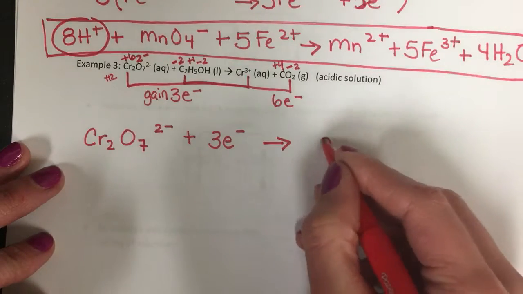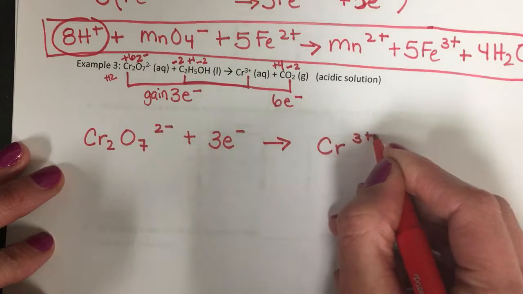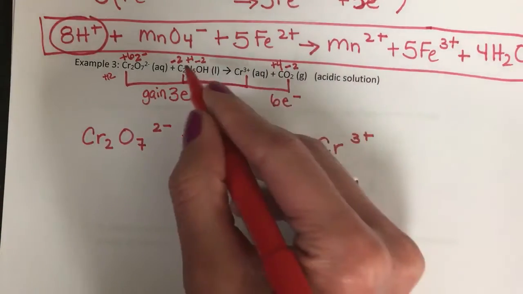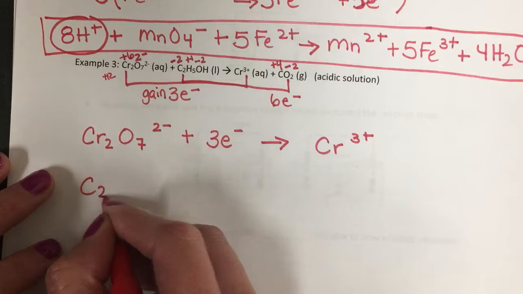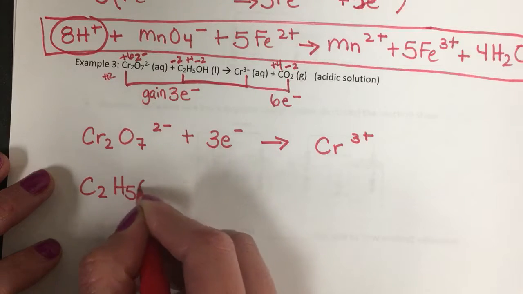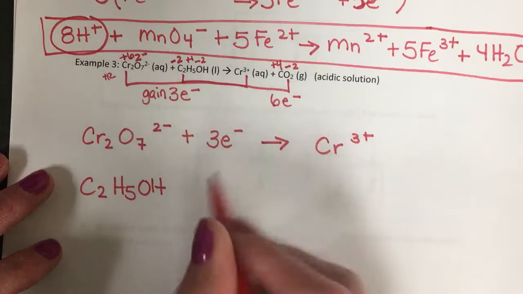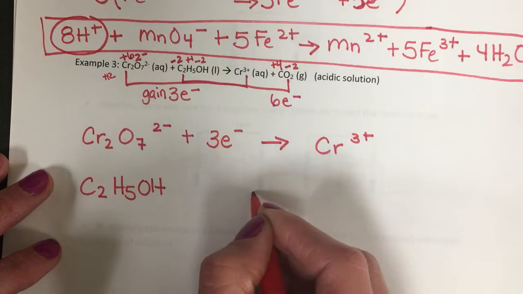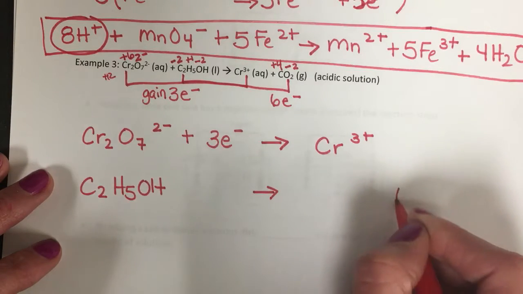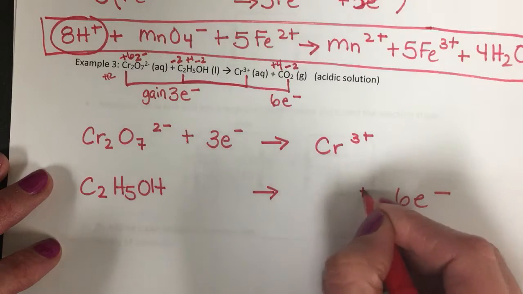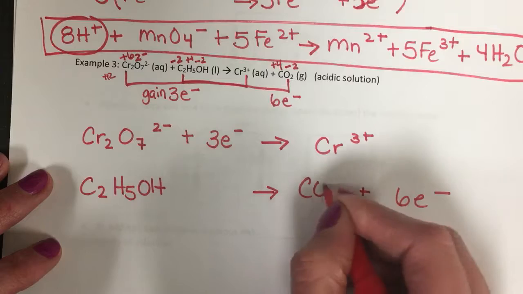It's forming Cr3+. Okay? C2H5OH is going to lose 6 electrons. So those 6 electrons are going to be products, and it's going to form CO2.